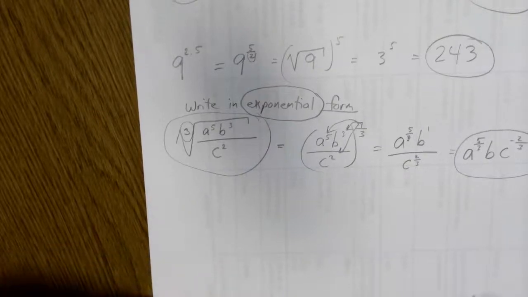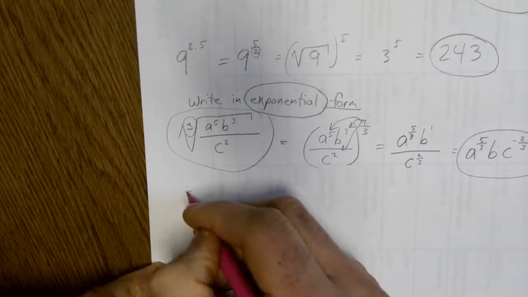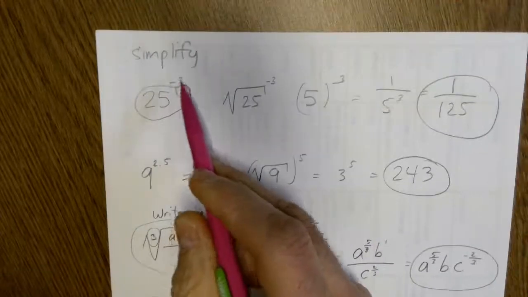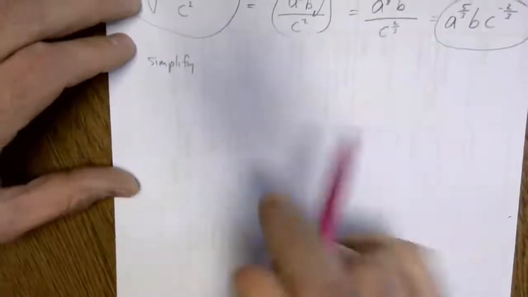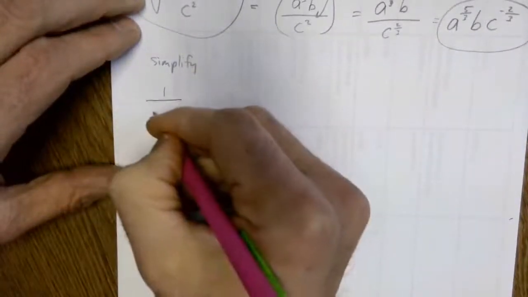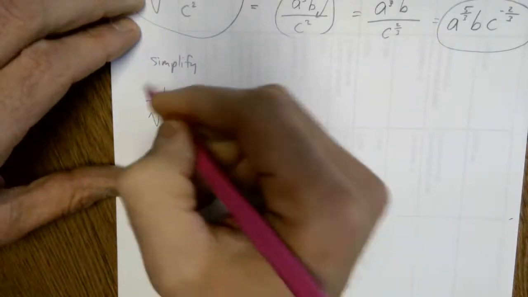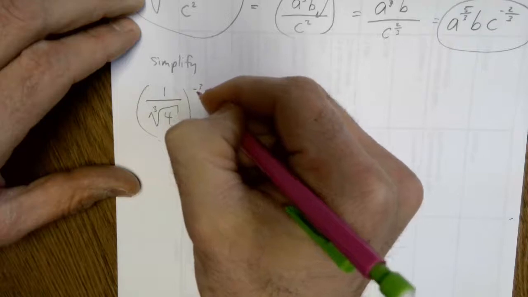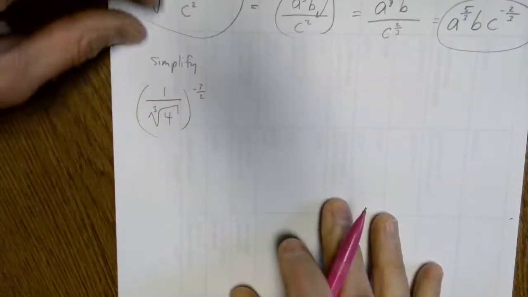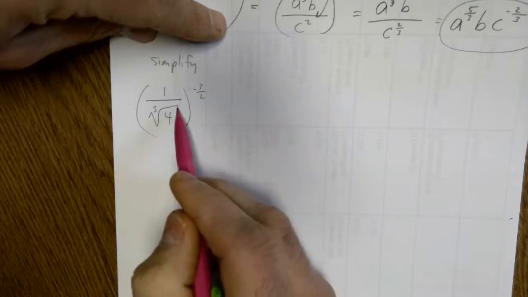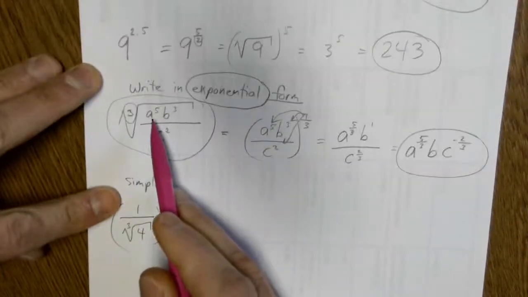Okay. Another one. Now sometimes they're going to ask you to simplify like they did up here. Simplify. Okay, so let's go ahead and simplify. Another one. 1 over the cube root of 4 to the negative 3/2 power. Oh wow, this is getting thick quick. Okay, let's start the same way we started the previous example.